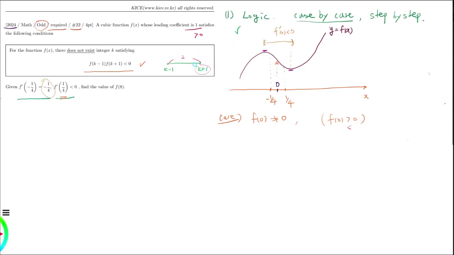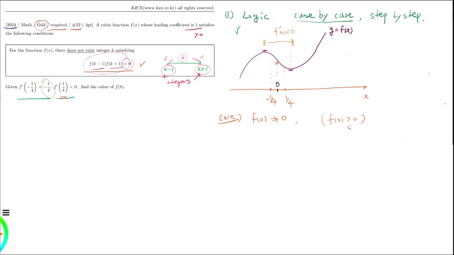Those two endpoints, we compute their values, and there do not exist two endpoints whose interval length is 2 and whose endpoints are integers such that their multiplication is negative.